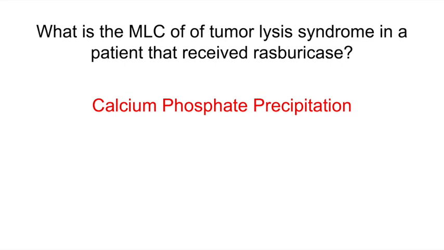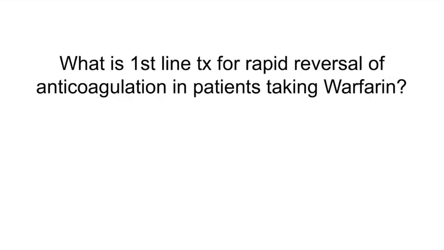However, rasburicase does not affect the levels of phosphate and calcium. So, acute kidney injury is due to calcium phosphate precipitation in patients who take rasburicase. The risk of calcium phosphate stone formation can be reduced by maximizing the GFR and urine output with prophylactic IV fluids.